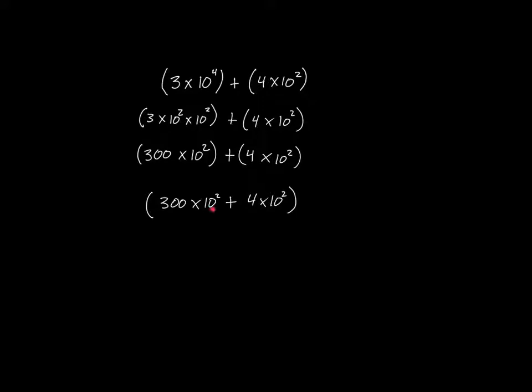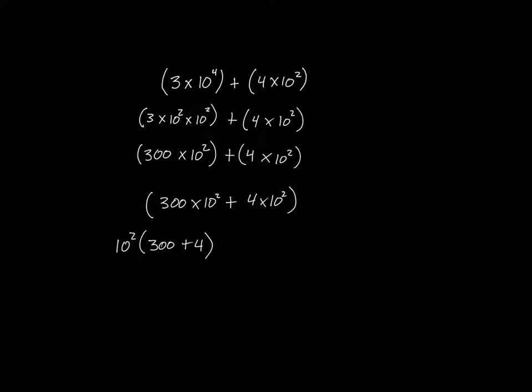So as I mentioned, I'm going to remove this out. Because remember, if I distribute 10 to the 2nd power to 300 and to 4, we would actually get exactly the same thing. So we're pretty much just doing the distributive property backwards. So that was used to get rid of the 10 to the 2nd power.